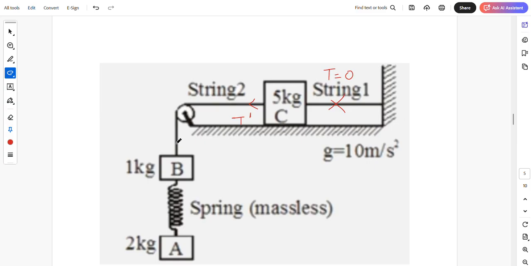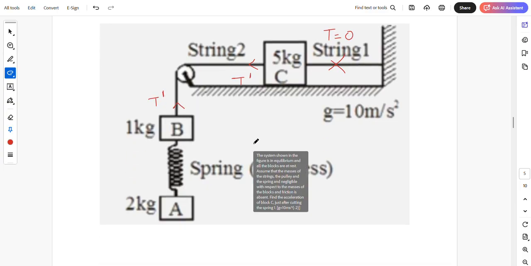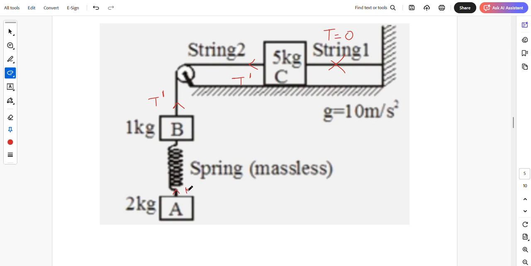Now the tension changes here to T dash. Instantaneously the tension changes in the other string, but there is no effect on the spring force, it will be as it is. How much was it? 20 Newton. This will be 20 Newton itself.